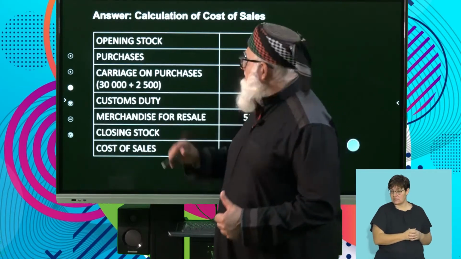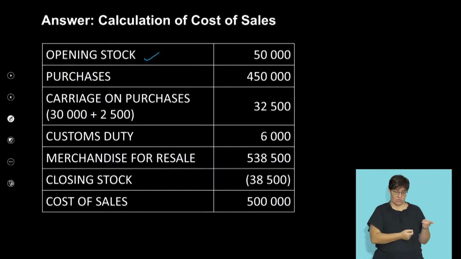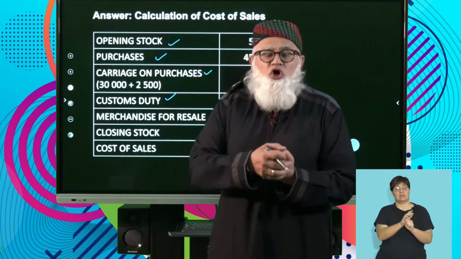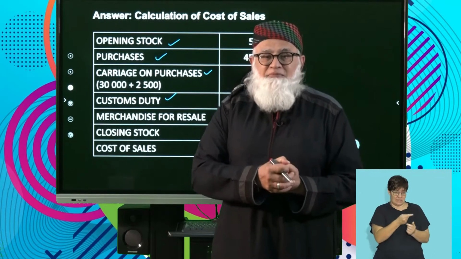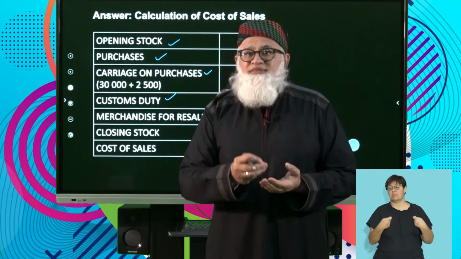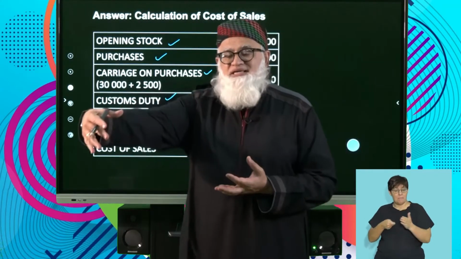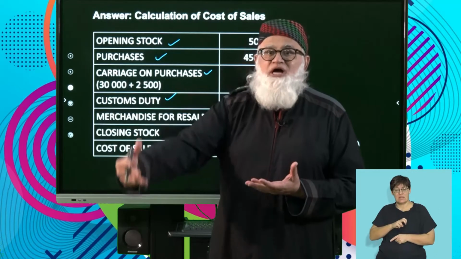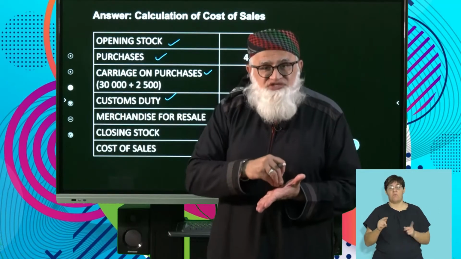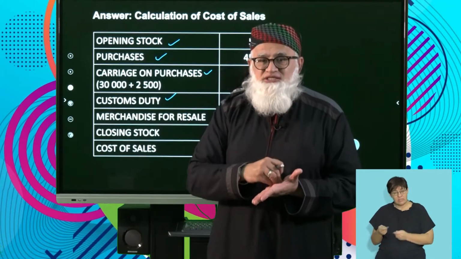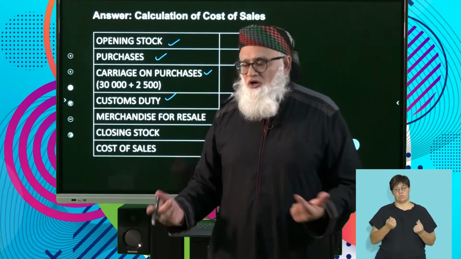It's always my opening stock plus my purchases plus my carriage on purchases plus my customs duties. In other words, all those expenses that impact on the cost of my product. Those expenses will increase the cost of my product, because where I purchased it, I need to transport that merchandise to the point of sale.